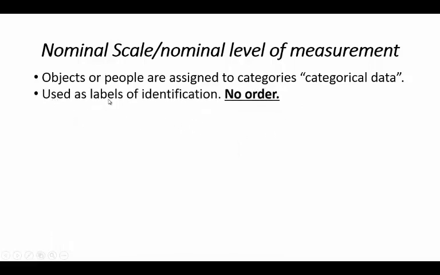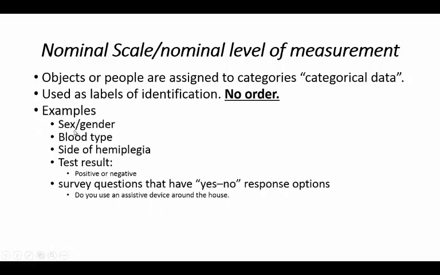It is used as labels of identification, but not order. And this is bold and underlined because this is important. Examples: sex or gender, we have males and females. There is no order. We cannot say that one is higher than the other. They're both equal.